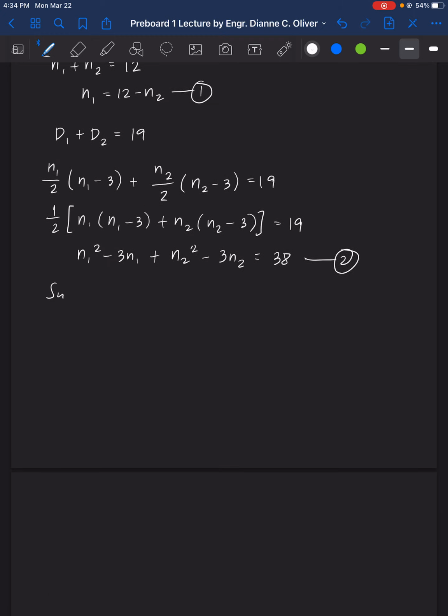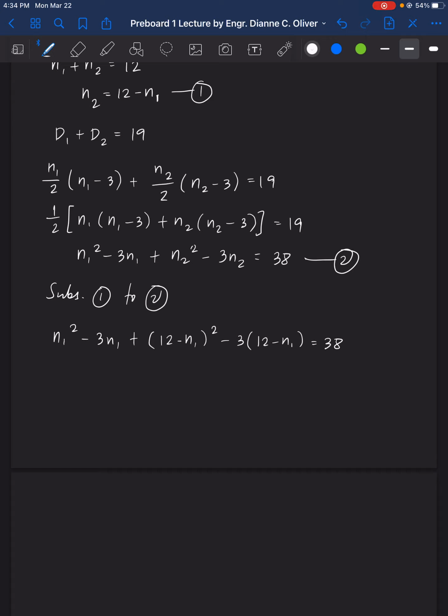Then, substitute equation 1 to equation 2. We have here n1 squared. Okay, so we can have this as n2 so that we get n1 first. So I just like it to be in order like that. So we have there minus 3n1 plus, for the n2 squared, we have 12 minus n1 squared minus 3 times 12 minus n1 is equal to 38.